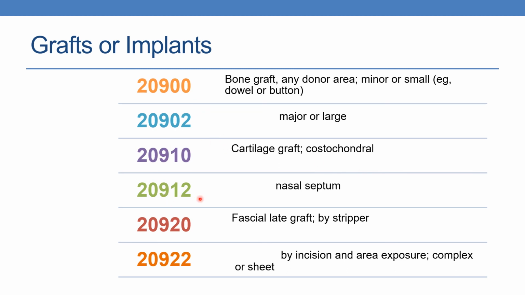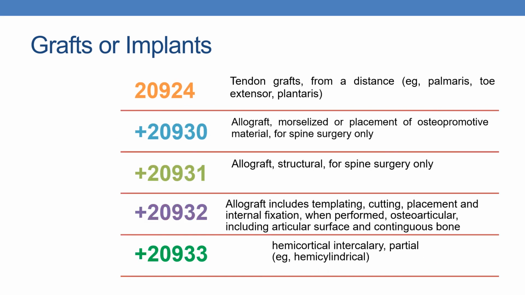Next is 20912, cartilage graft, nasal septum. The next is 20920, fascia lata graft by stripper. The next is 20922, fascia lata graft by incision and area exposure, complex or sheet. The next is 20924, tendon graft from a distance.